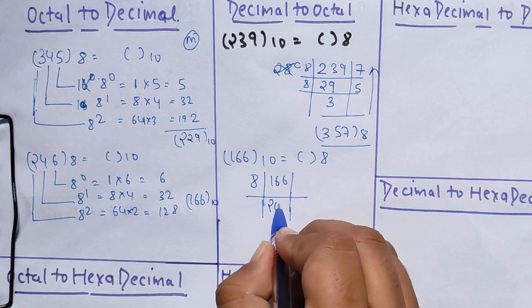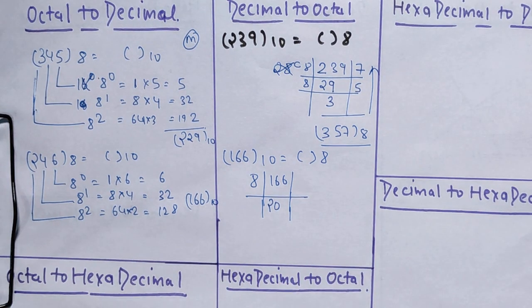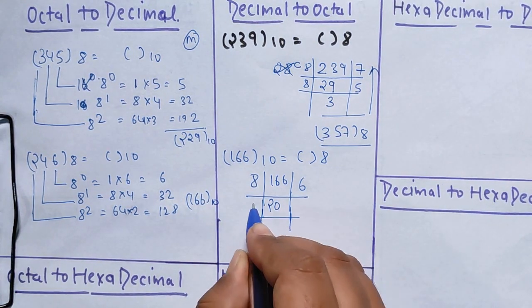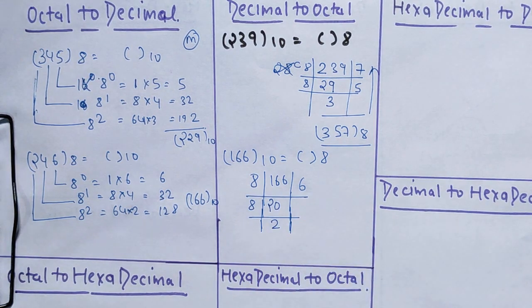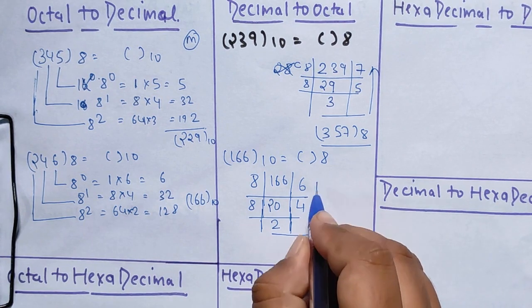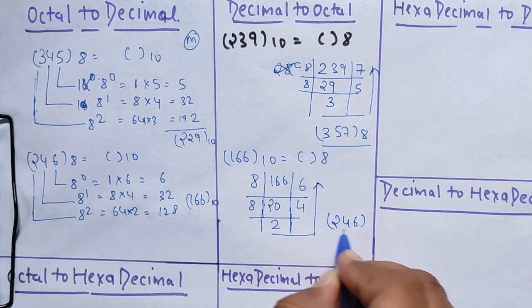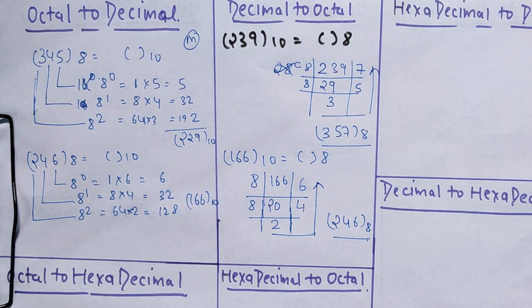Again dividing by 8, it is 2, and the remainder will be 4. Then 2 cannot be divided further, so I will write 2. Again I will go from bottom to top, and our answer will be 246 to the base 8. So this is how I can convert any decimal number into octal.